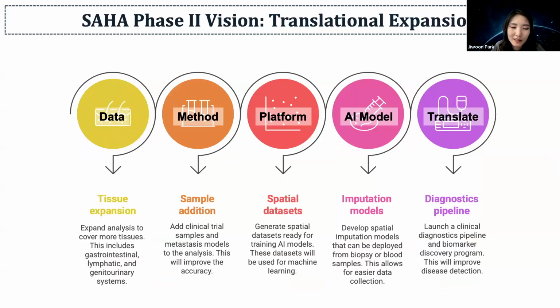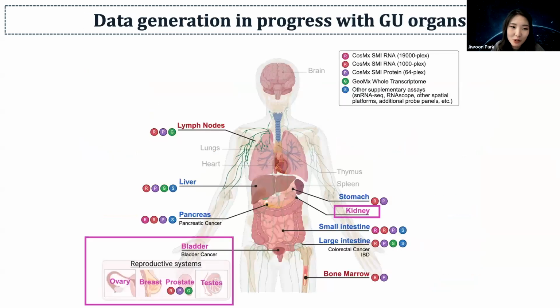And these are five different areas that we're pushing forward. Of course, getting more data sets across additional tissue types, especially we're going into the genitourinary organs, including bladder, kidney, and reproductive systems of male and female. Along the way, we do get a lot of bladder cancer, and some really developmentally interesting questions like ovotestes or other specific developmental defects of some of the organs that we have in the pathology clinics.